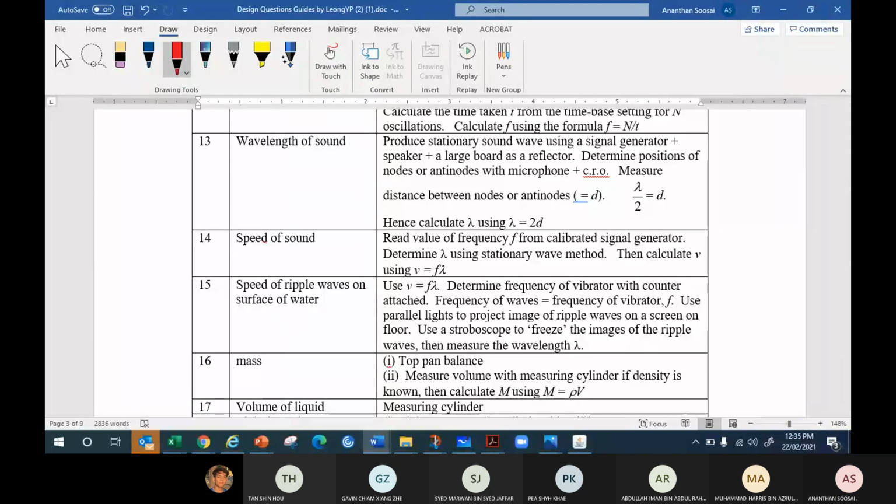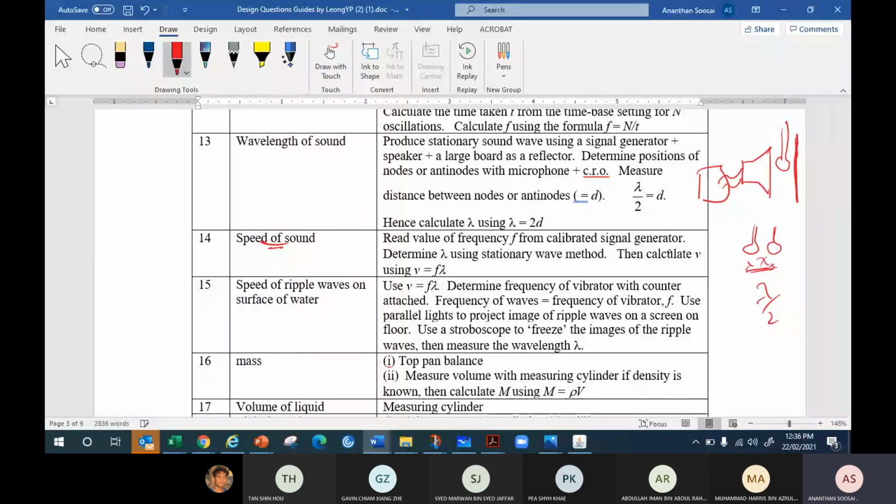Yes. So how do you get the speed of sound? Use a signal generator. You must have a signal generator connected to what? Connected to a speaker. And you have a reflector at the side here. Adjust the reflector until you form a stationary wave in between. Then put a microphone in between to find the location of the nodes.